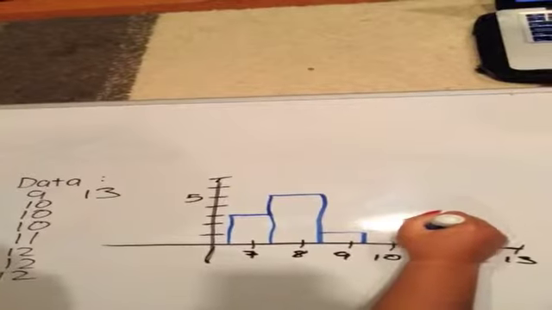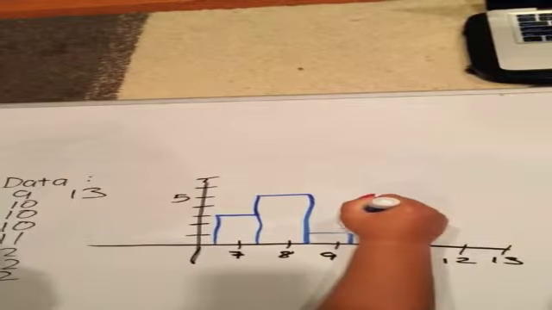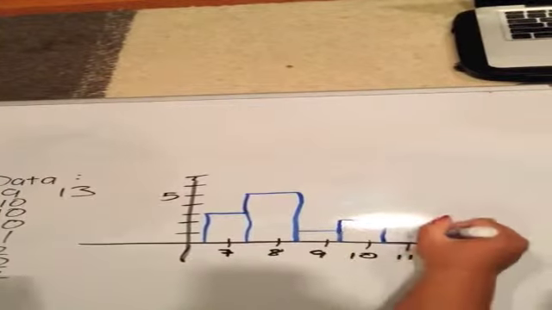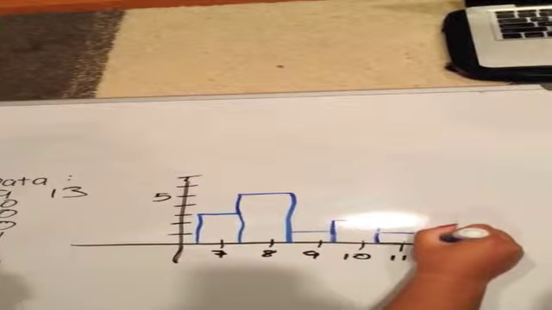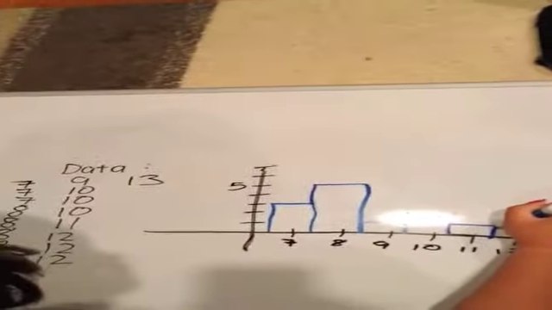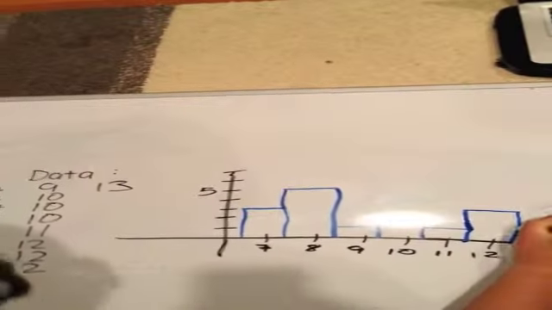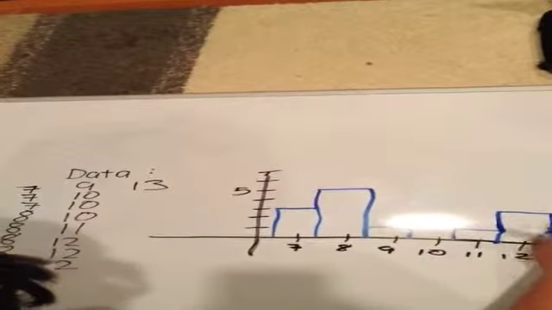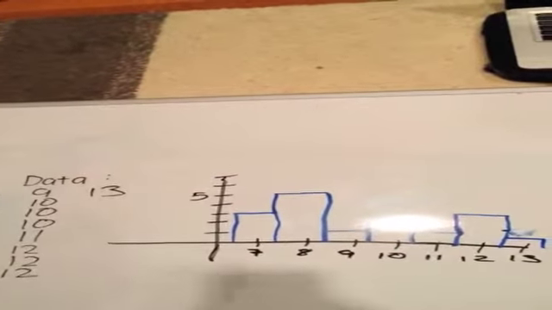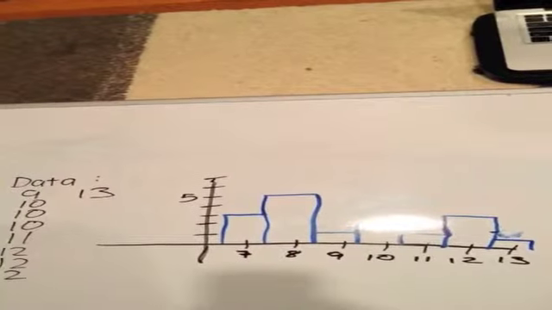For 10, there's 2, 11, there's 1 also, 12 is 3, and lastly, 13 is 1. And that's basically a histogram.